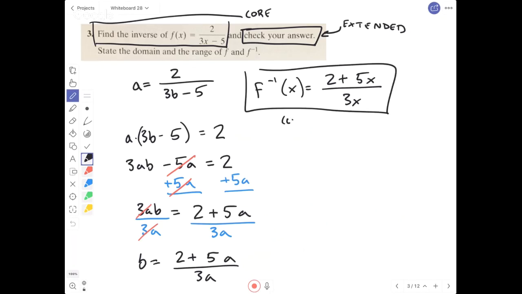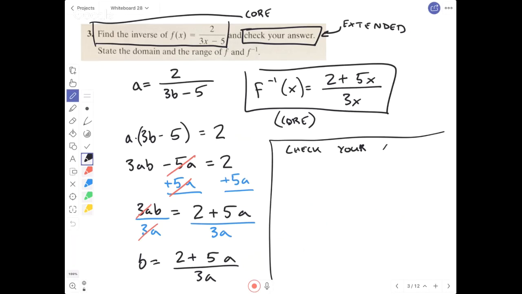So that part was all core. Now I need to check my answer. Check your answer. And this is going to be extended.